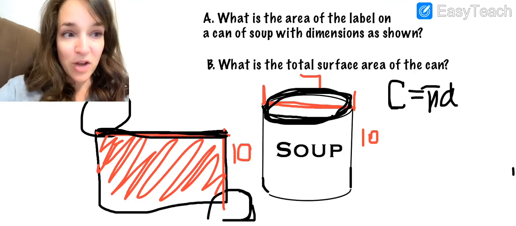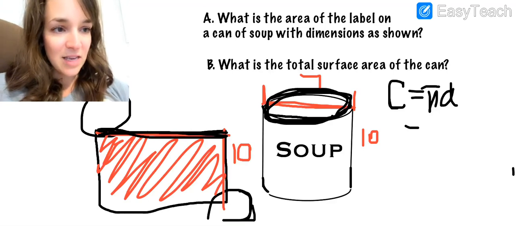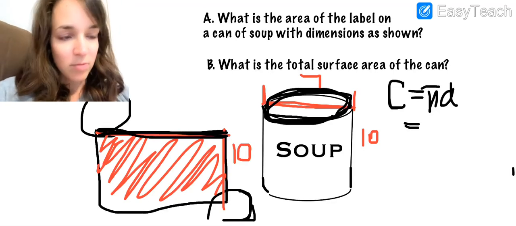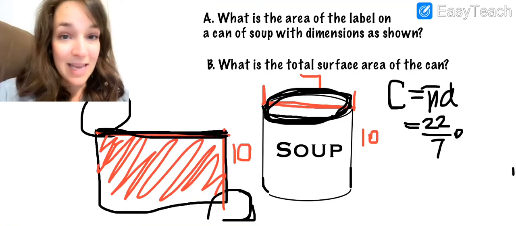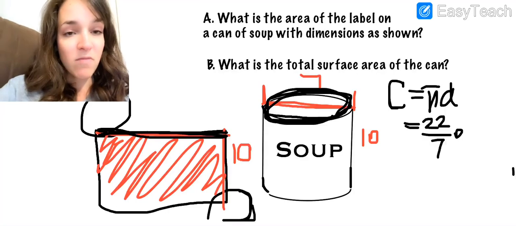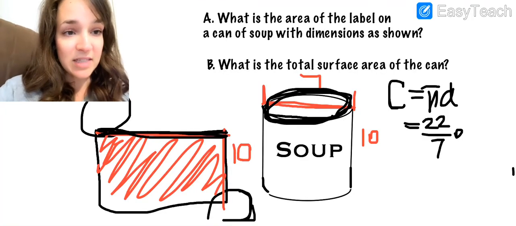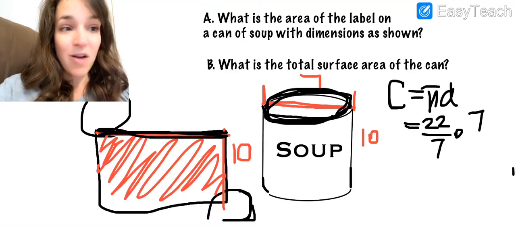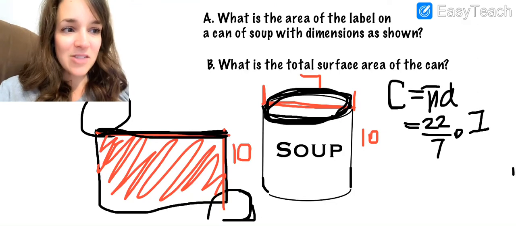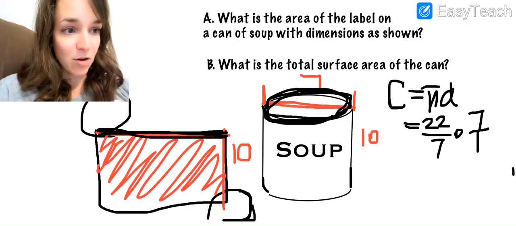Okay, so let's go ahead and plug that in. So we know that C equals pi, which this problem actually also says to use 22 over 7 for pi. So I'm going to use 22 over 7 times my diameter, which is that distance across the circle that they give me, and that's going to be 7. So now look what happens. 7 is not a fraction, but I can turn it into a fraction by putting it over 1.